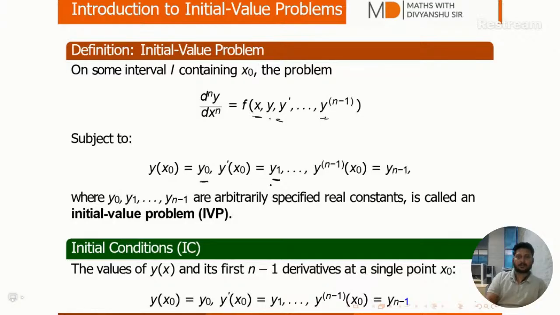It's just a notation for any arbitrary specified real constant. So these are called initial value problems.